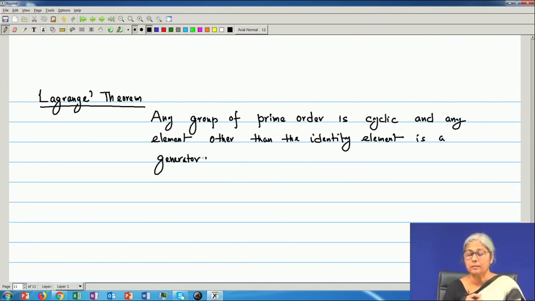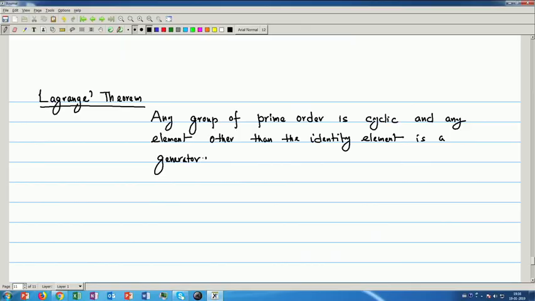Since it is a cyclic group, it has some generator, and other than the identity element, any element can be the generator. That means if we take the powers of that particular element, it will produce the other elements. So, this is very important when we study some algebraic systems.